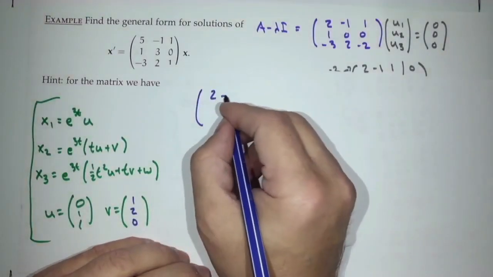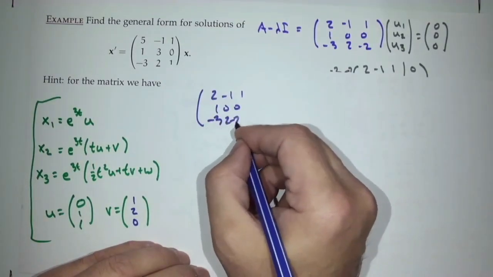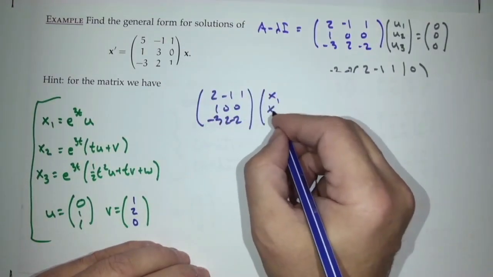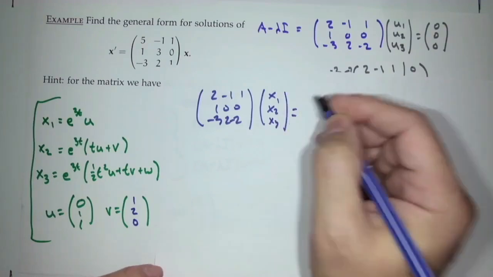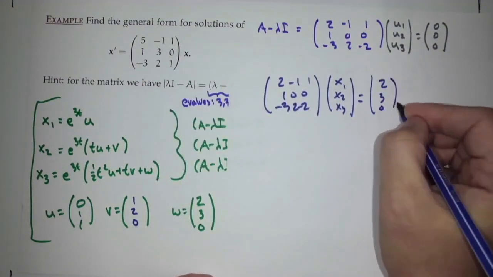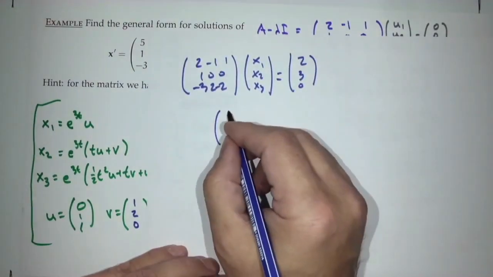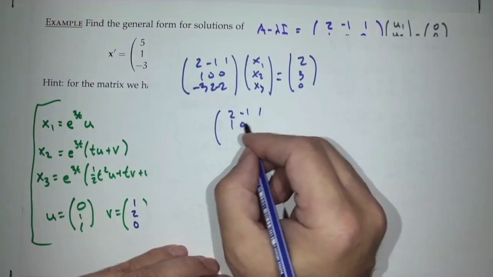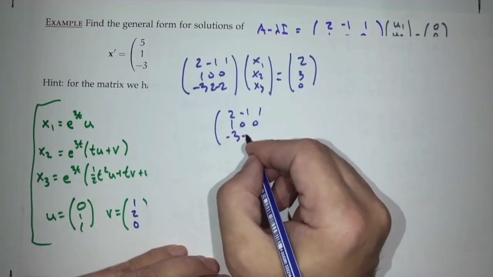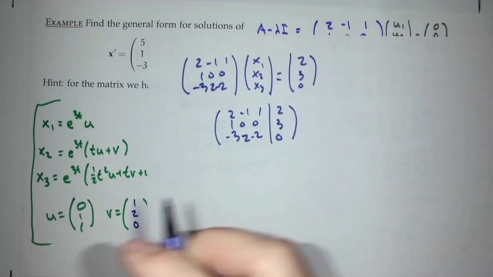So 2, minus 1, 1, 1, 0, 0, minus 3, 2, minus 2, I'll say x1, x2, x3 equals W, 2, 3, 0. It's fascinating to me what happens. And so we do what we did before, and you're like, this seems like the same as before, because it is the same as before.